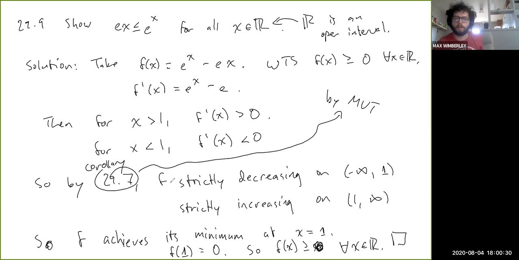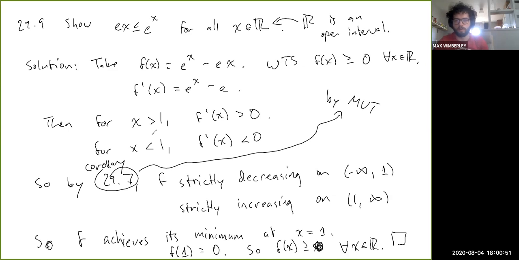Well, 29.1 would just tell us that we know f prime is 0 at x equals 1. But 29.1 doesn't tell us that means it's a minimum, because it could be a maximum.